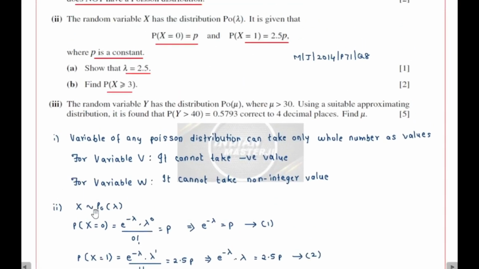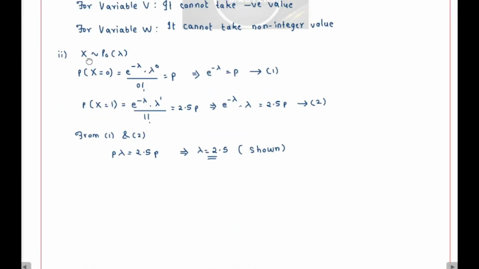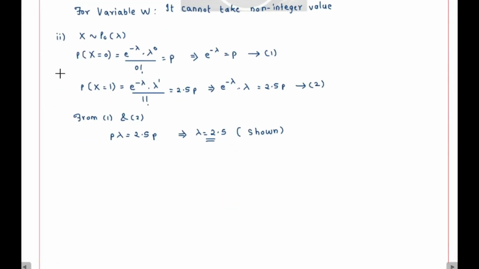Now they are asking to find out the probability of X greater than or equal to 3. So let's do that. The B part is: probability of X greater than or equal to 3.